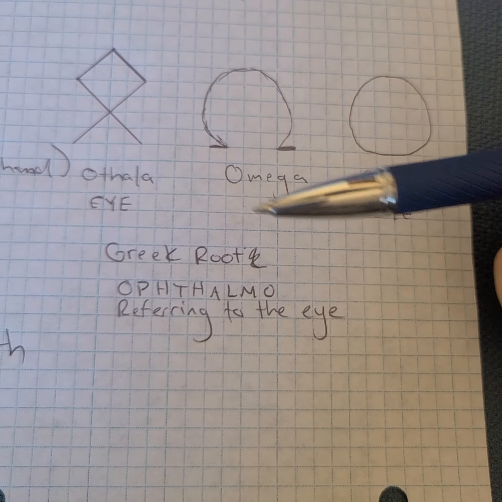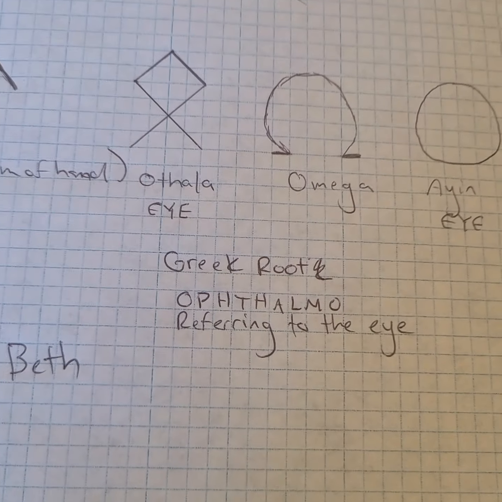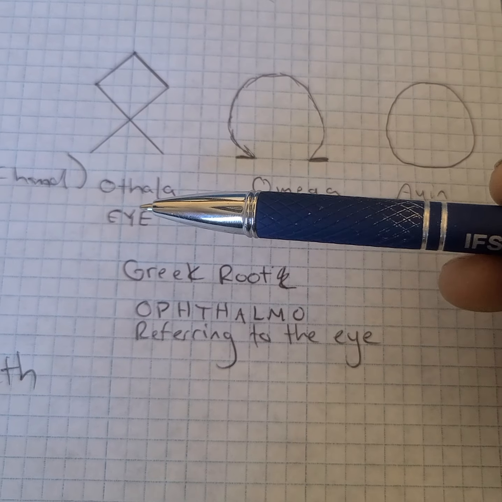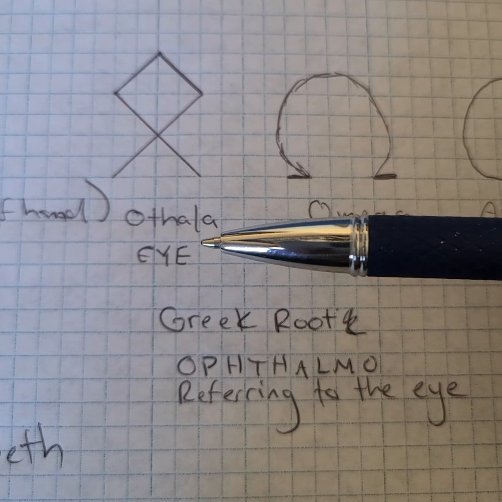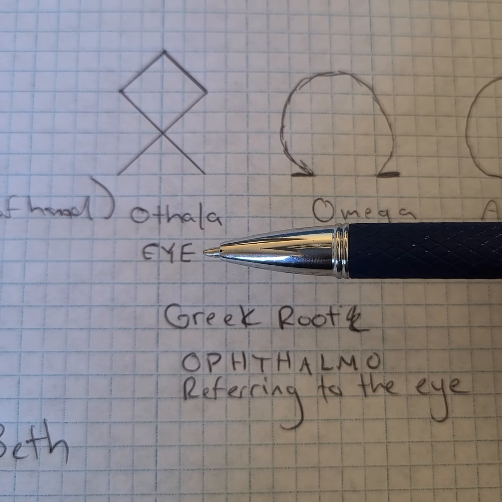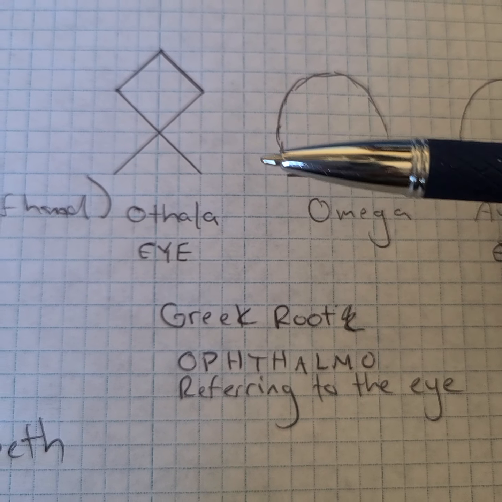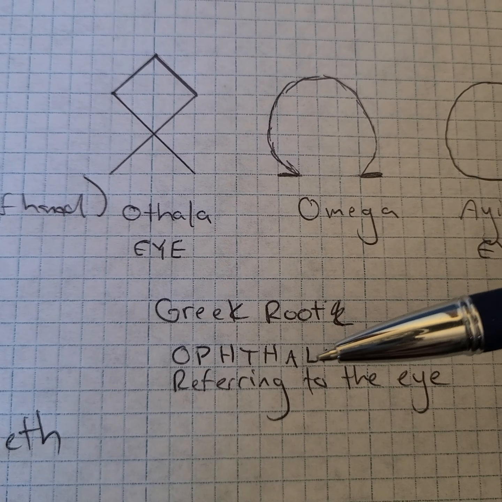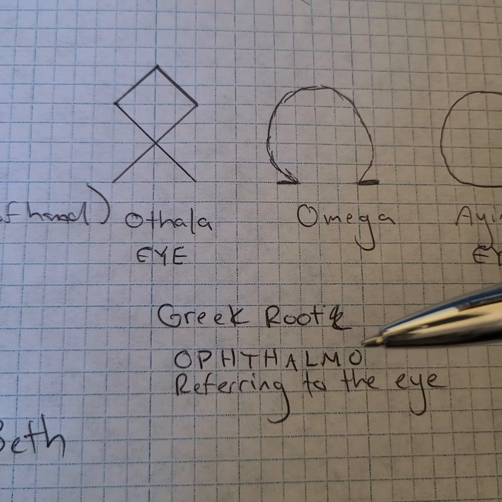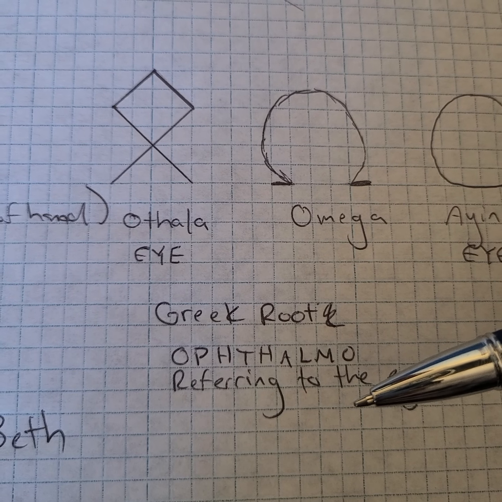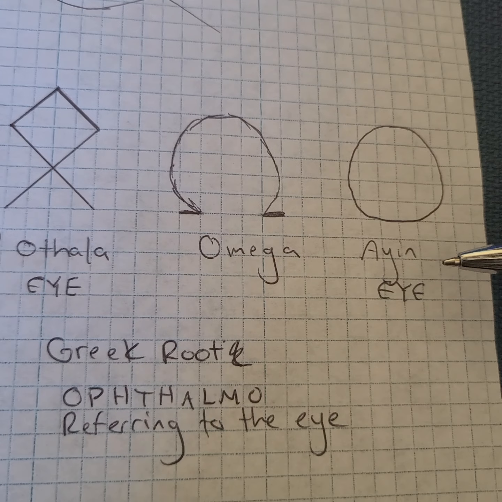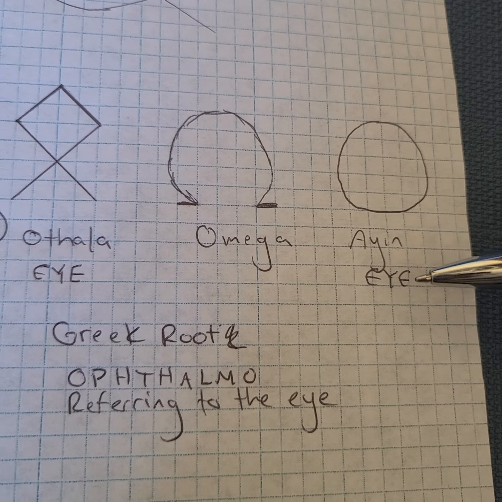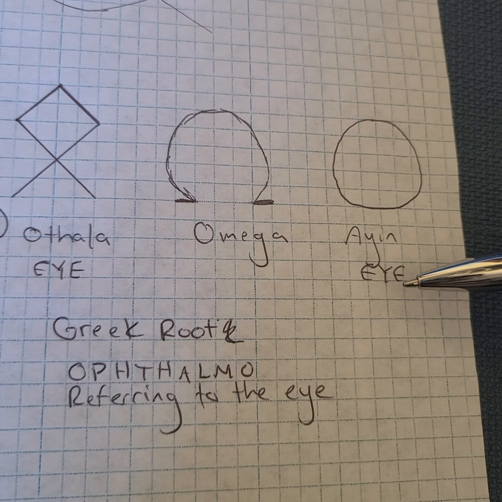There are other variations and interpretations, but most of the ones I have seen end in Othala, which is in reference to the eye, which is oddly similar to the Greek root ophthalmo, which is also referring to the eye. Now, you have the Phoenician letter ayin, which also means eye.